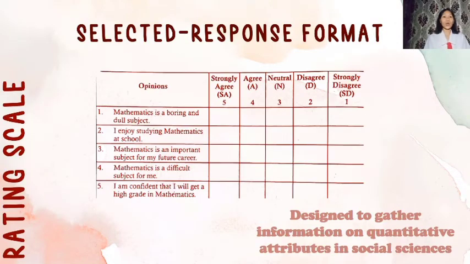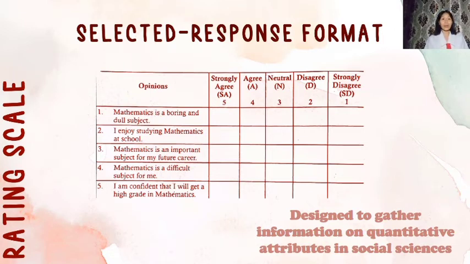Selected response format is composed of questions that typically have one answer. Under this type of format are three types: semantic differential scale, rating scale, and checklist. Rating scale is a set of categories designed to elicit information from the participants.